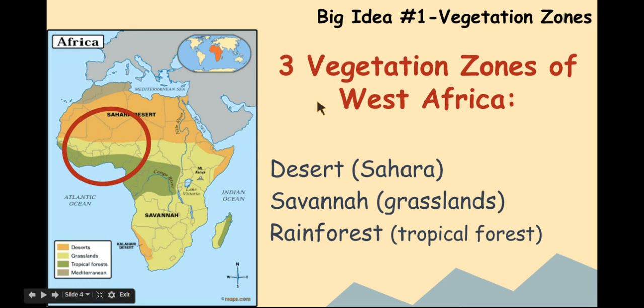So it's really important to remember that when we're talking about West Africa, we're talking about this area right here. So it's the region that includes a layer of the Sahara, the savanna, and the rainforests.